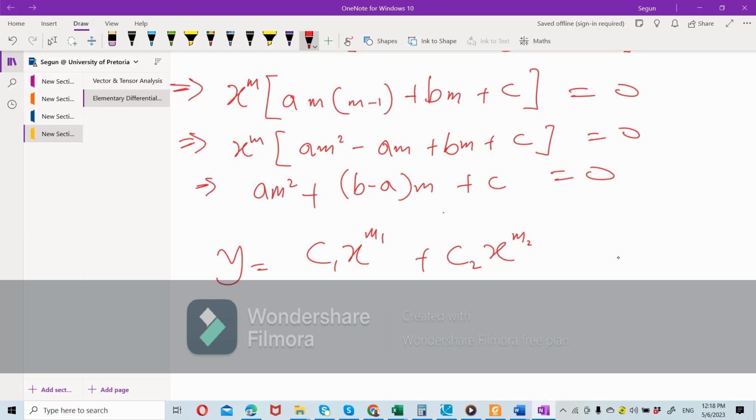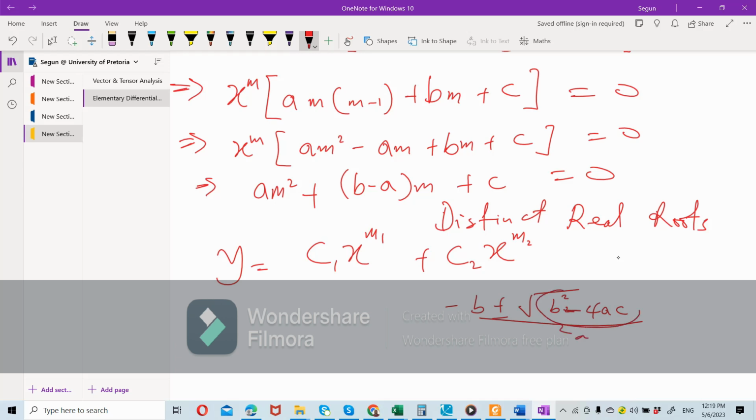It simply means that our homogeneous form has distinct real roots. Go and read about quadratic equation. Read the property of quadratic equation, whereby they talk about distinct roots, when you use minus b plus or minus square root of b squared minus 4ac over 2a. And they ask you to use the one inside the square root.